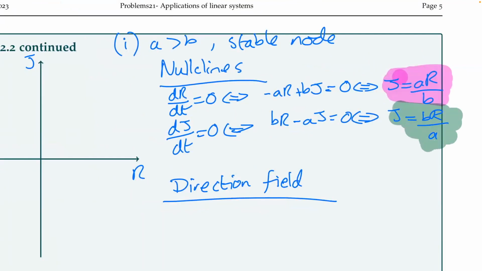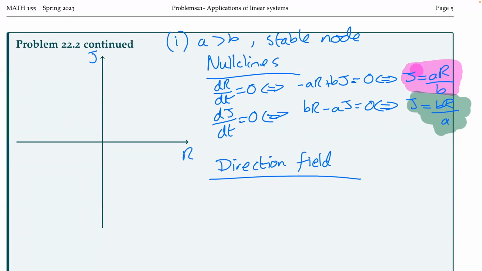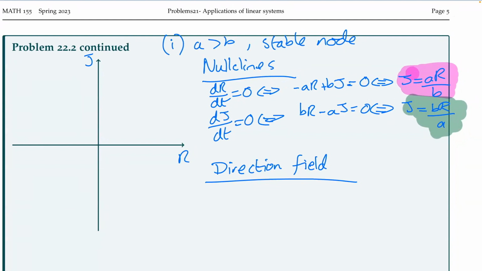What are their gradients? Well, we know their intercepts are going to be the origin. There's no plus C term here. And we know also because it's a linear system, it's going to have to go through the origin. And we're told up here that B is less than A. So that means that A over B is going to be greater than 1, and B over A is going to be less than 1.